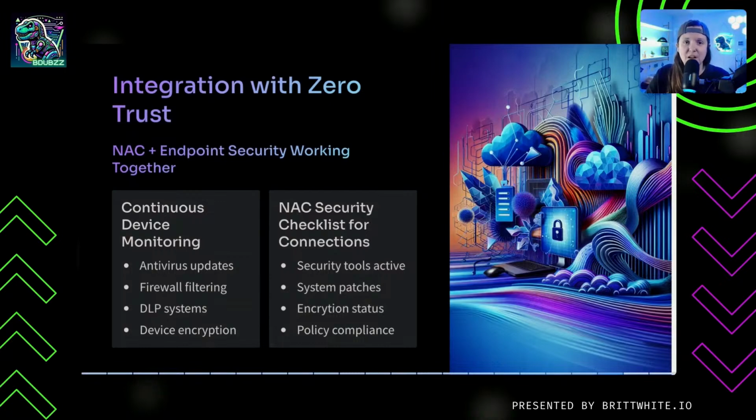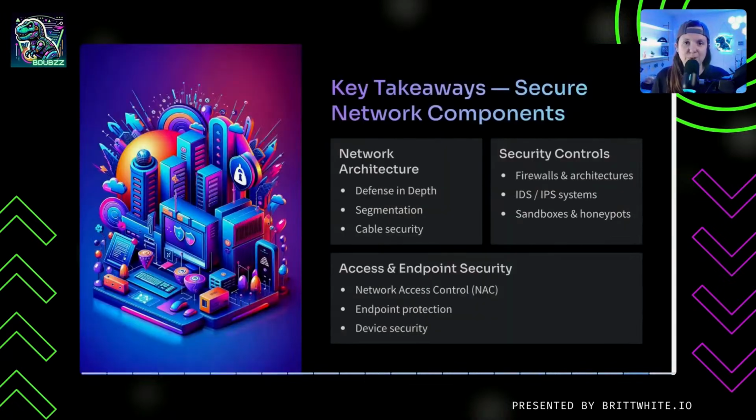Now let's wrap this all up and summarize everything we've covered with exam objective 4.2, secure network components. We started with network architecture, exploring how defense in depth, segmentation, and properly secured cables work together to create a strong foundation. Then we discussed firewall technologies, from basic packet filtering all the way up to sophisticated application-level controls that manage network traffic flow.